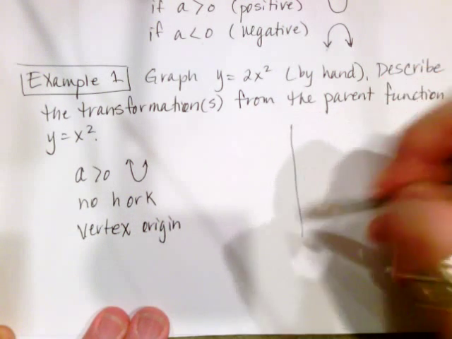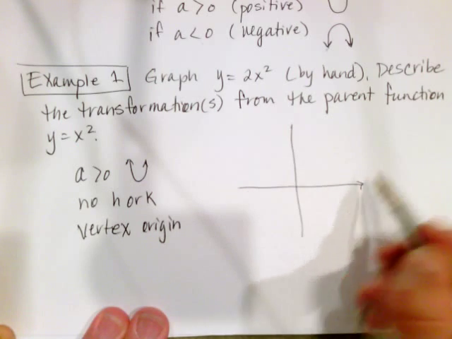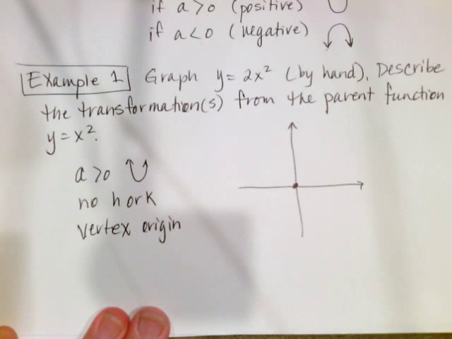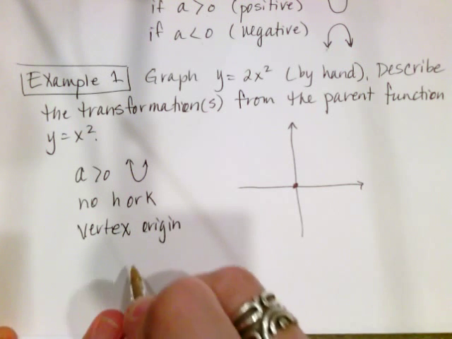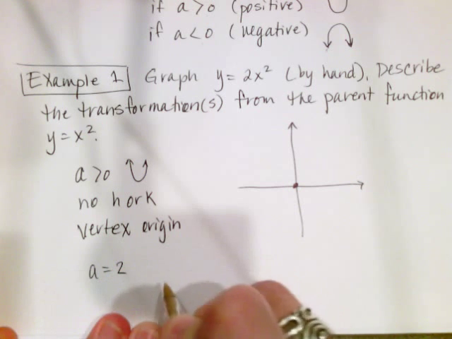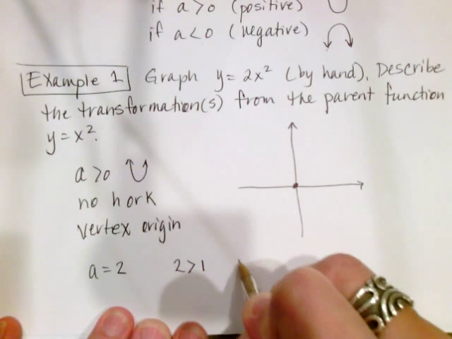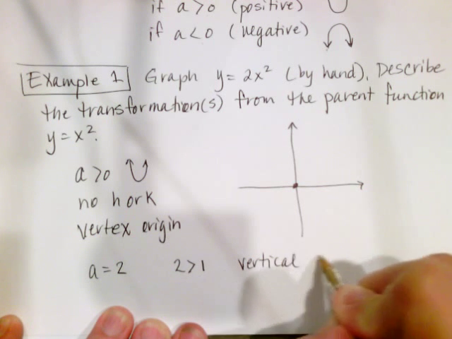Okay, so I can already sketch my graph, and I know that its vertex is going to be at the origin. I know that if a is equal to 2 and 2 is greater than 1, that means that it is a vertical stretch.